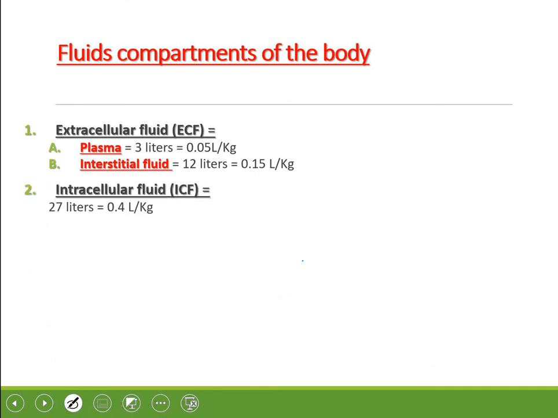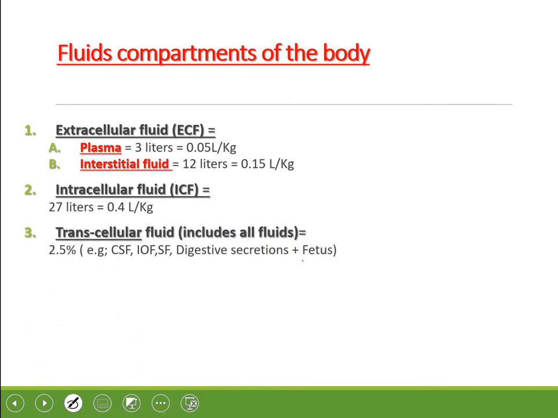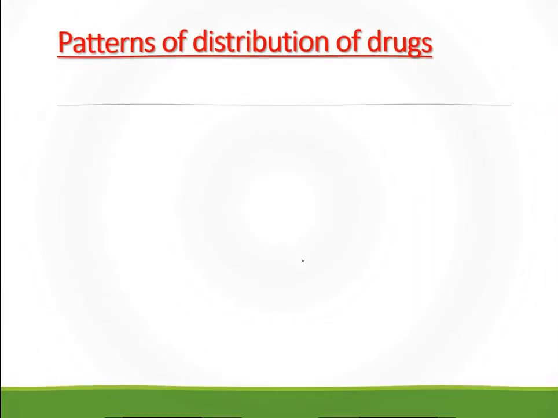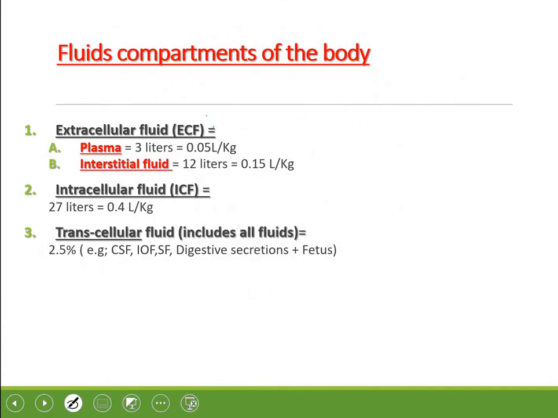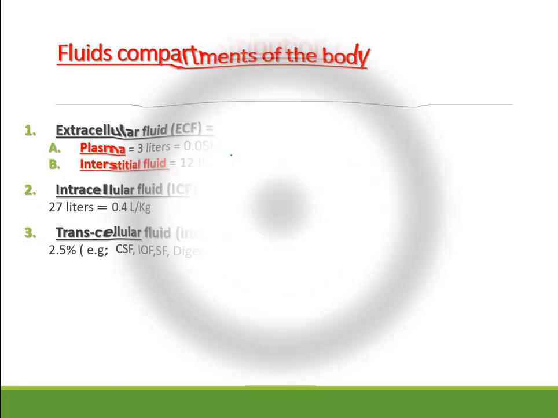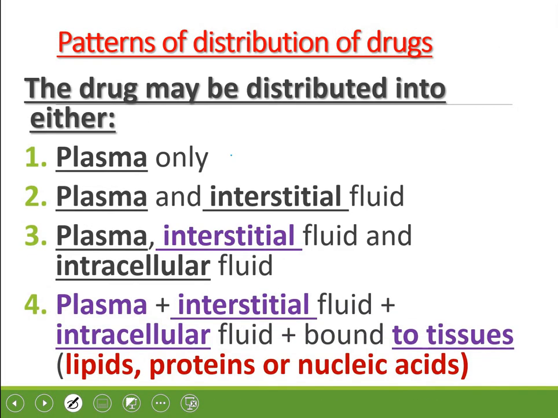So far as the fluid compartments are concerned, we will go to the volume of distribution, but keep in mind, as we talked about early in the compartment model, there is extracellular fluid, there may be the plasma, the interstitial fluid, and the intracellular fluid, and then the transcellular fluid. And keep in mind the statistics, which are self-explanatory. Now, patterns of distribution.